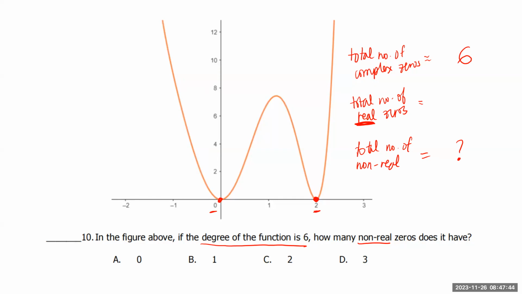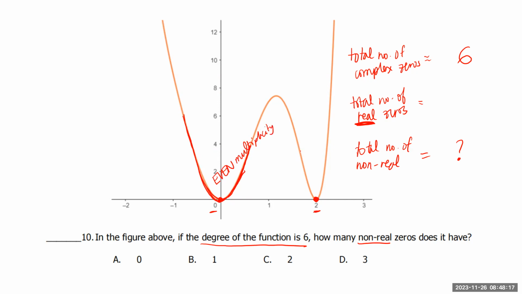We need first to verify its multiplicity. So for x equals 0, we can say that the multiplicity is an even number. Why even? Because the graph touches the x-axis but never crosses it. At this point, it concaves upward. Therefore, this is an even multiplicity.